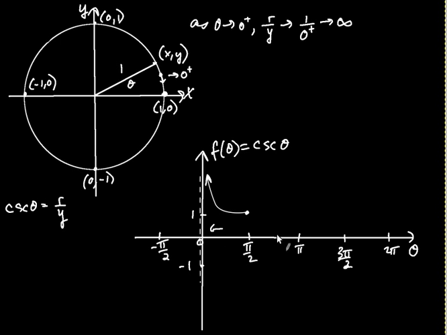Now what do you think is going to happen as the angle approaches pi, but from the left? Here's the angle pi, and you're approaching from the left, that is, angles that are a little smaller than pi. As the angle approaches pi from the left, r over y is once again going to be 1 over 0.